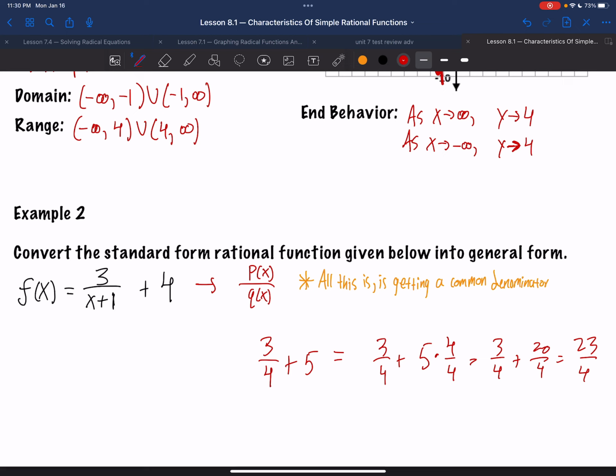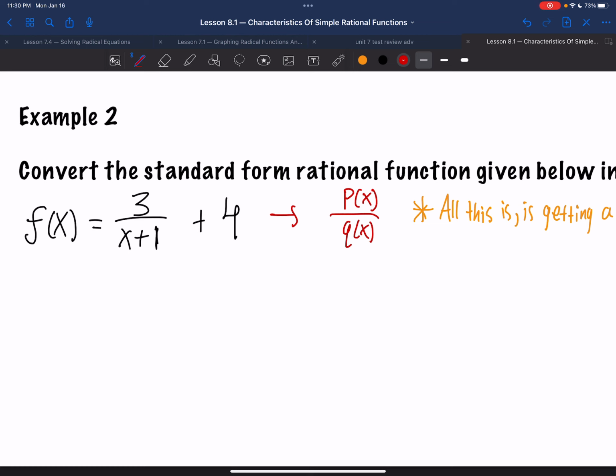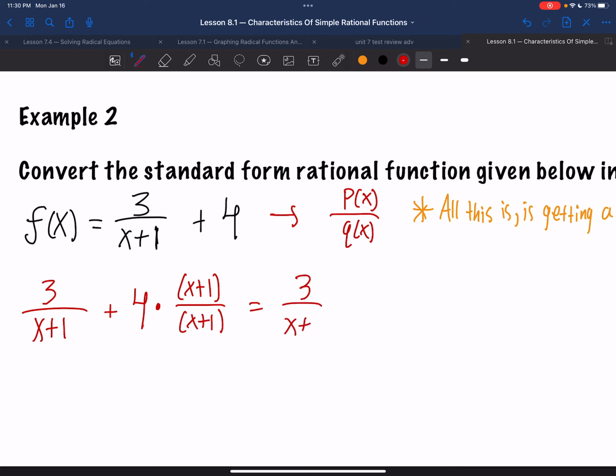Okay. Exact same premise, but now your denominator is x plus 1. No different. So I'm going to say 3 over x plus 1 plus 4 times x plus 1 over x plus 1.